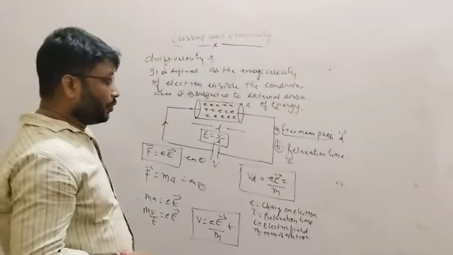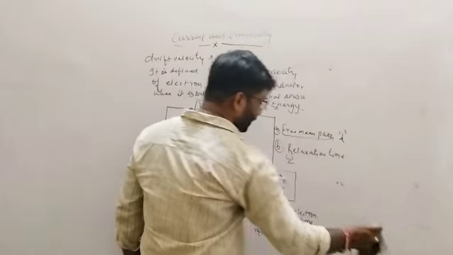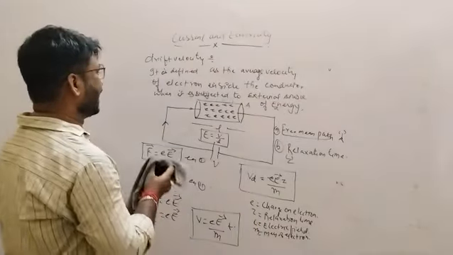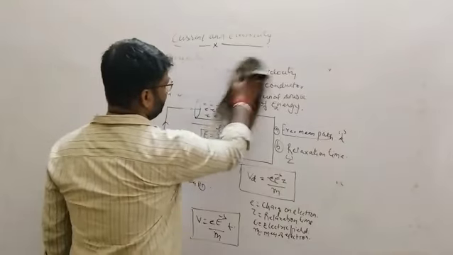Now we will go for another relation between current and drift velocity.